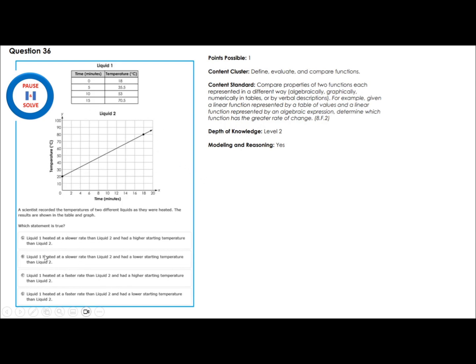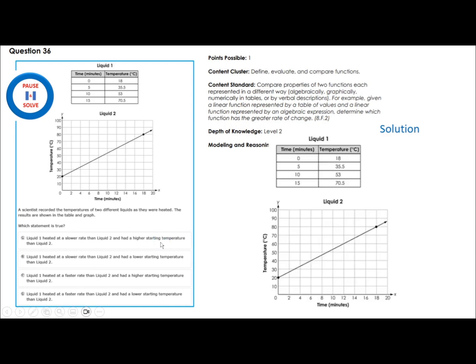So liquid 1 heated at a slower rate than liquid 2 and had a higher starting temperature. So you're talking about starting temperature and rate.